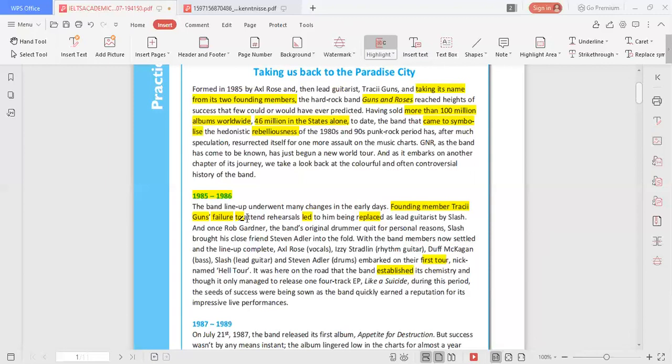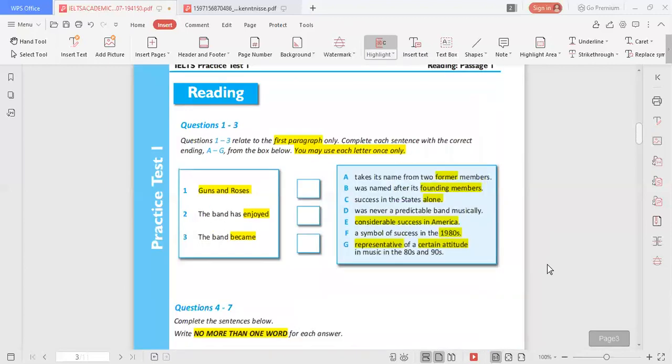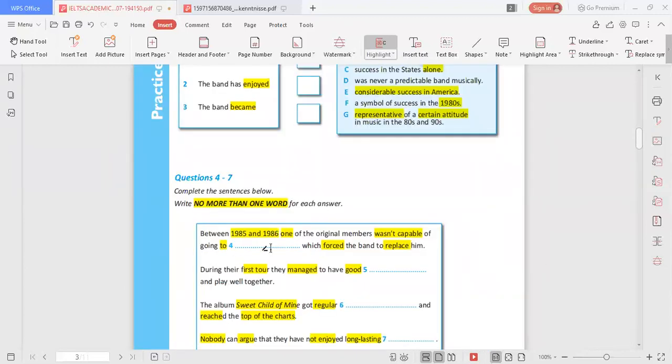Here we've got two words after the "to." The most important word here is the word rehearsal, because you can't just say "wasn't capable of going to attend, which forced the band to replace him." To attend what? Okay, so that's very important.